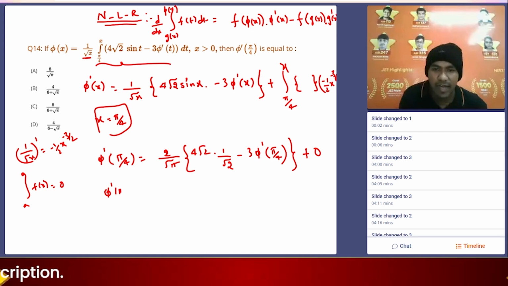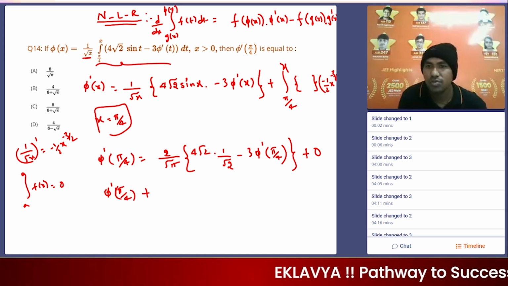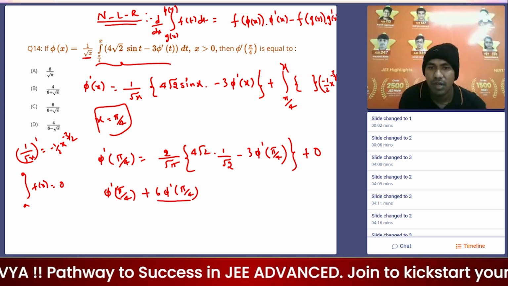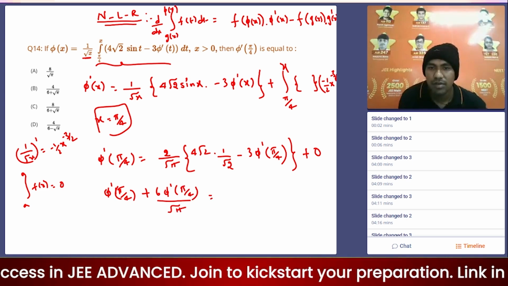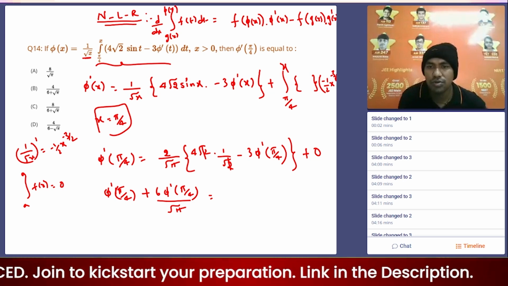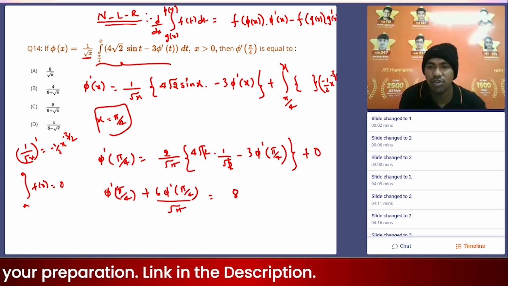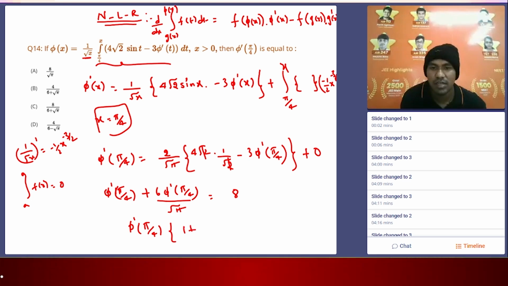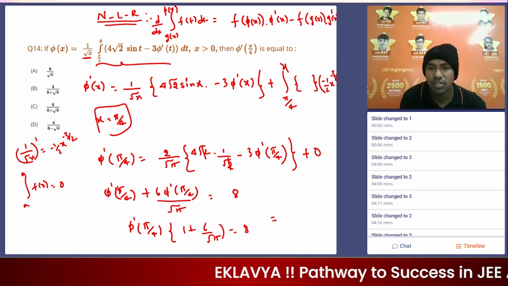Now from here, phi dash of pi by 4, and here 2 threes plus 6 times phi dash of pi by 4 upon root pi, which is equal to, root 2 gets cancelled, 2 fours are 8 you are getting. And if I take phi dash of pi by 4 common here, then you will get 1 plus 6 by root pi, which is equal to 8.